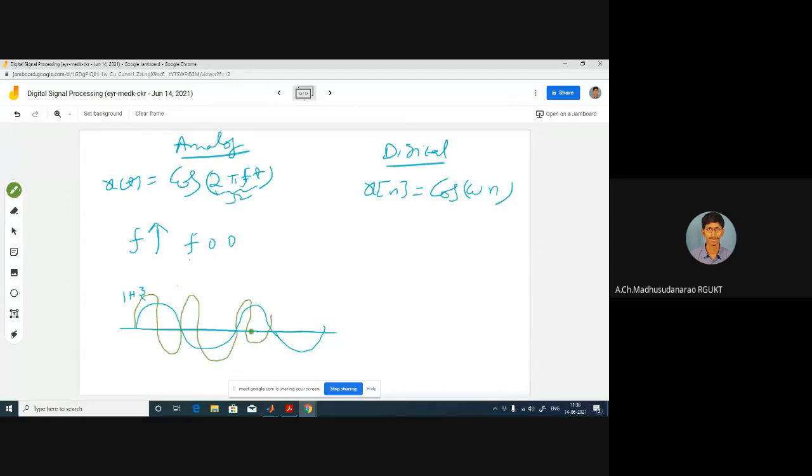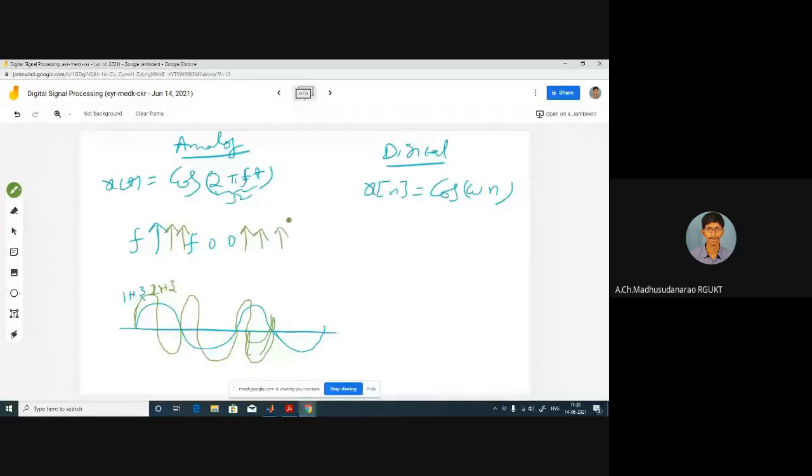I am unable to draw perfectly with this pad. As the frequency keeps increasing, the number of oscillations per second also keeps increasing. If I increase further, this will increase further. This is true for the analog case.